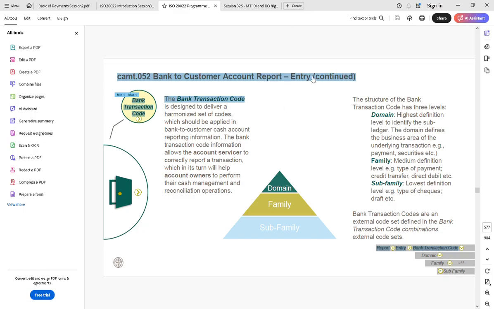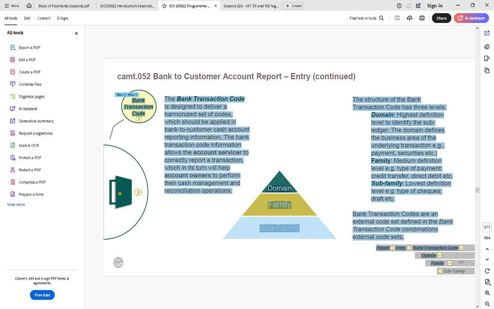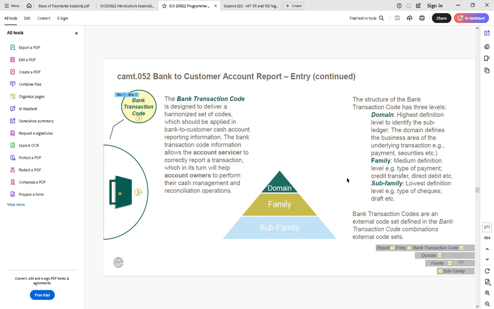Okay, it is mentioned here in the ISO 20022 guideline. In domain there is a higher definition level to identify sub elements: family is a medium definition, then subfamily. Okay, leave this part. Only identify that there may be a bank transaction code inside that. What is the domain, family, and subfamily of that? Okay, so only this thing you can keep in mind. What is the content of it?